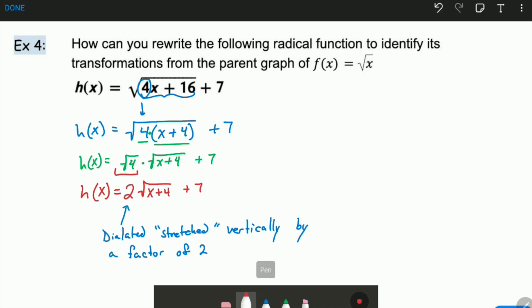And inside x opposite means we're going to be translating left 4 and up 7. And there we have it.